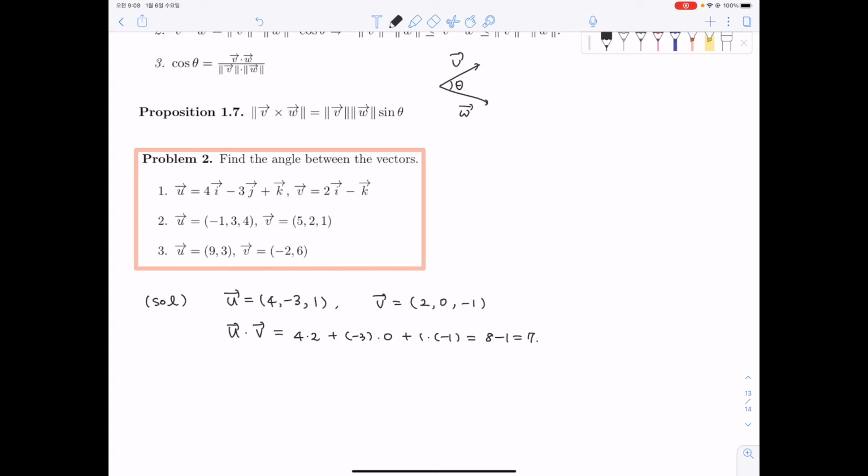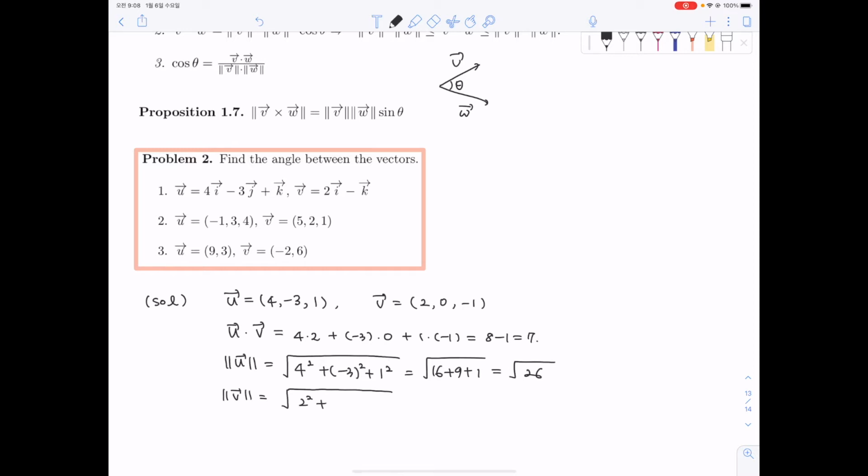And we need to find the norm of each vector. So this norm is root of 4 squared plus negative 3 squared plus 1 squared. So it is 16 plus 9 plus 1, so root 26. And for v it is 2 squared, 0 squared, negative 1 squared.